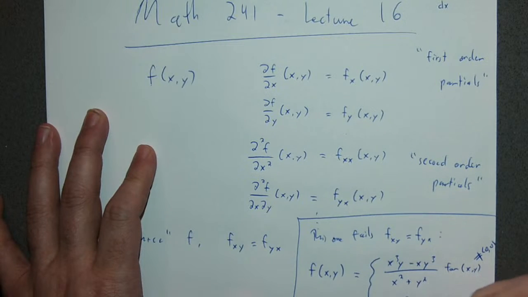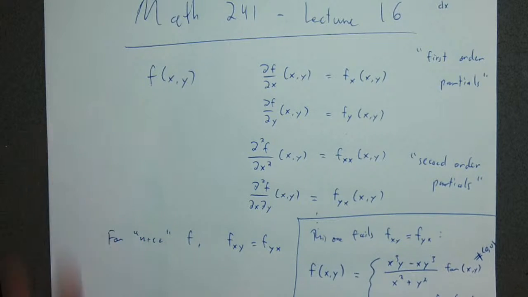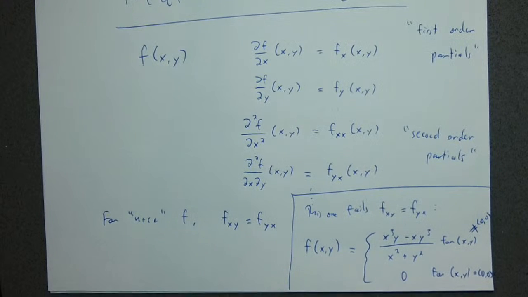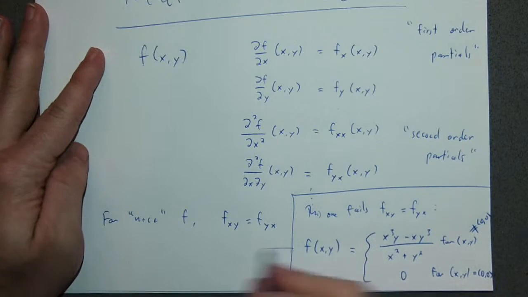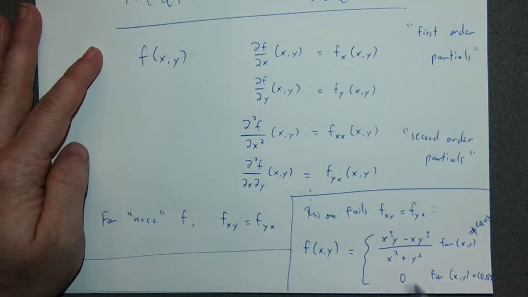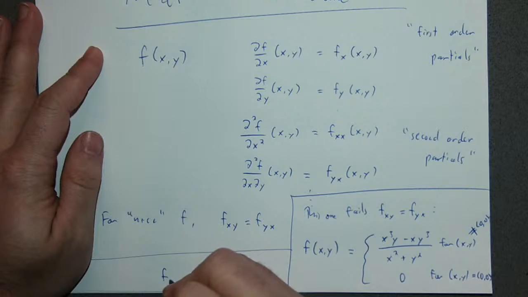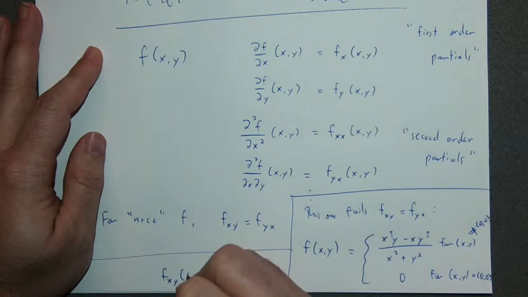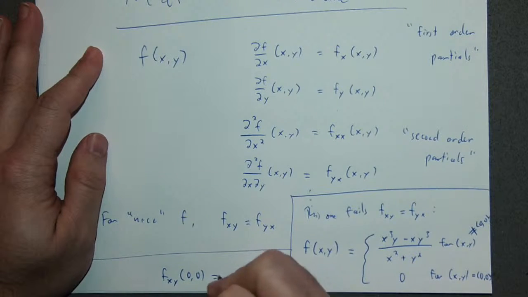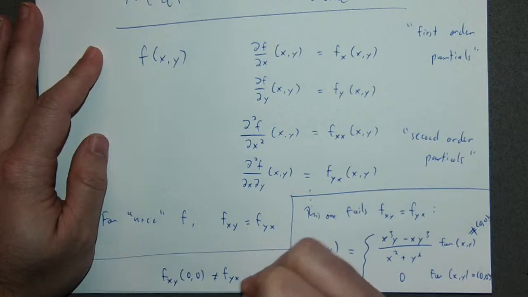And it's equal to 0 at the origin. So it turns out that in this case, if you try to compute the x and y partials at the origin, you'll find that the xy partial at (0, 0) is not equal to the yx partial at (0, 0).